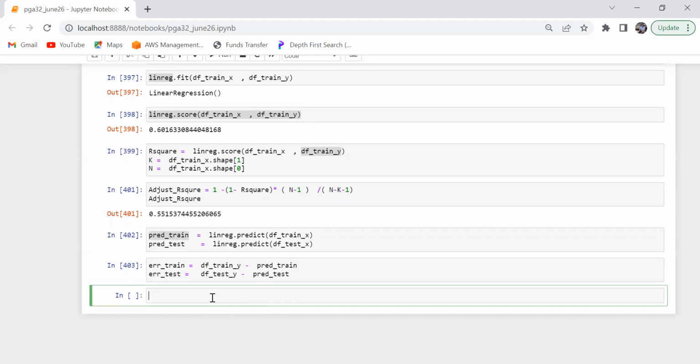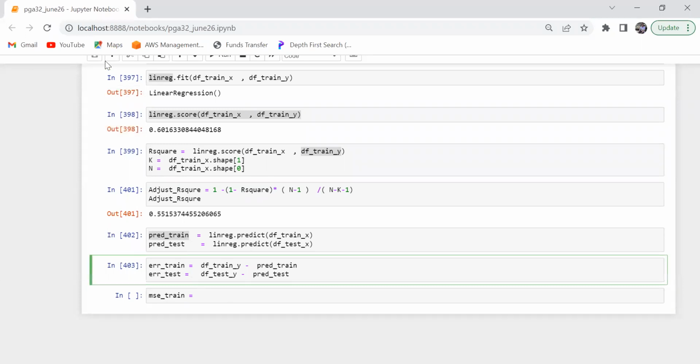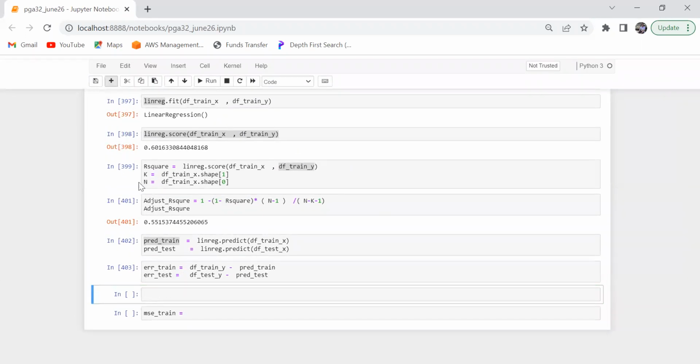Now let's find MSE train. What I'll do, let me import your NumPy. If you have already imported NumPy, you can ignore it. Import numpy as np. So I'll say np dot mean and np dot square.